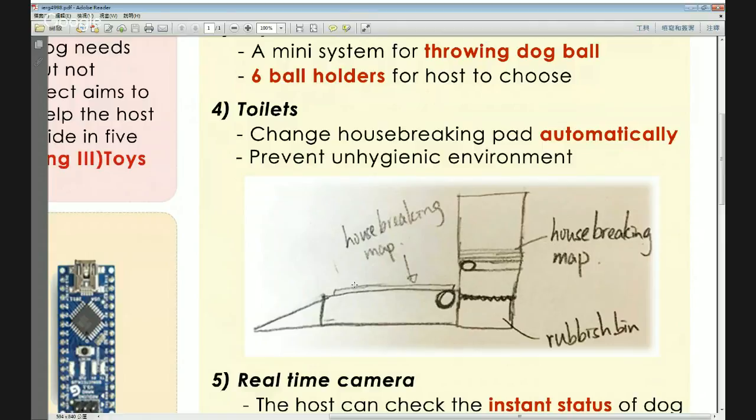For the used housebreaking pad, which contains some waste, the lower wheel will push it in the opposite direction to throw the used pad into the rubbish bin. Then the user can clean up the rubbish bin directly.